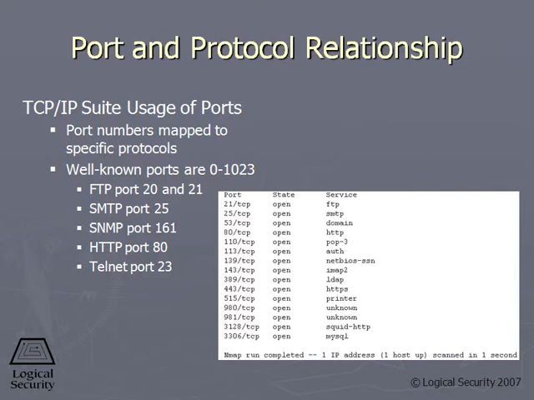So the client might pick a source port number of 35,311, for example. So he'll send an SMTP frame to port 25, and he'll say, you respond back to me on port 35,311. So these are source ports and destination ports.